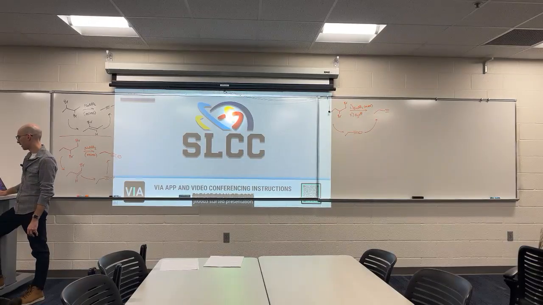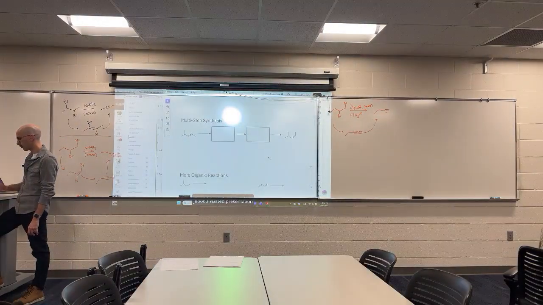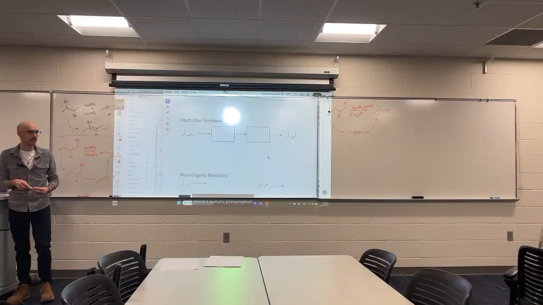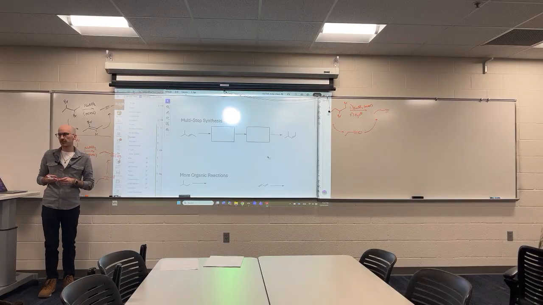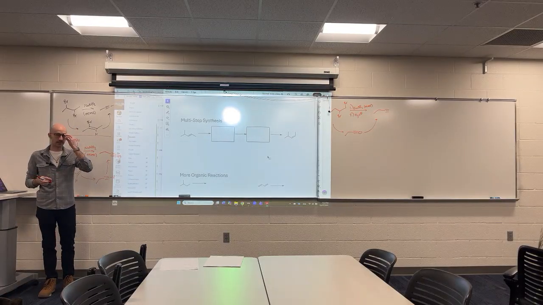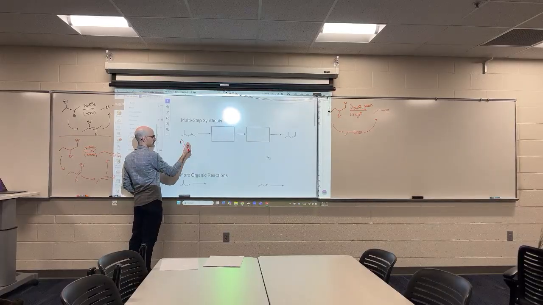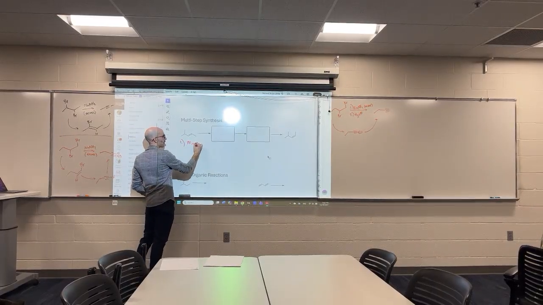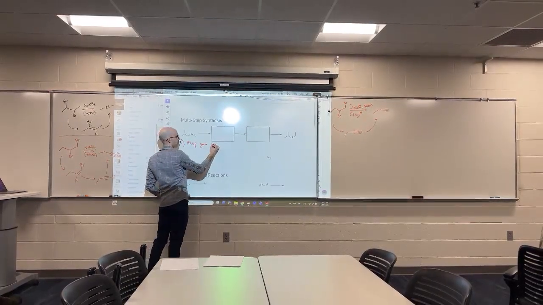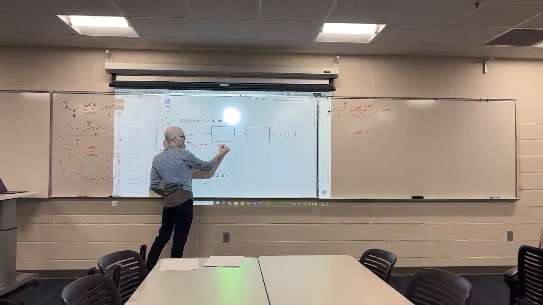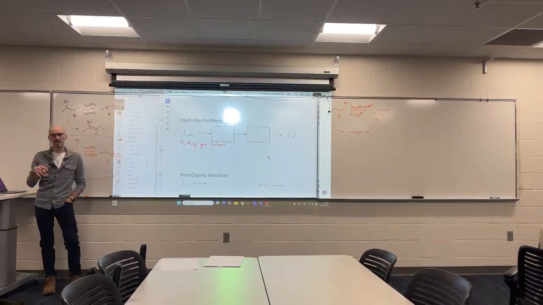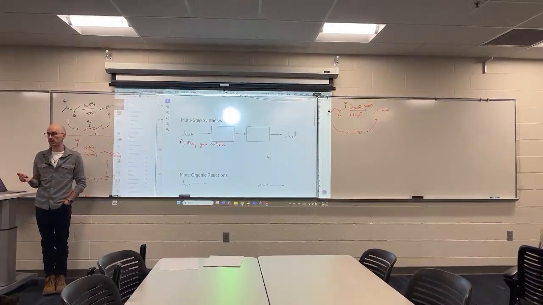So I want you guys to start off with this multi-step synthesis problem. Here's a skill that I want you guys to develop. 3 steps in solving multi-step synthesis. First, map your carbons. We've been practicing this skill. Remember that mapping your carbons is not just the same as counting.